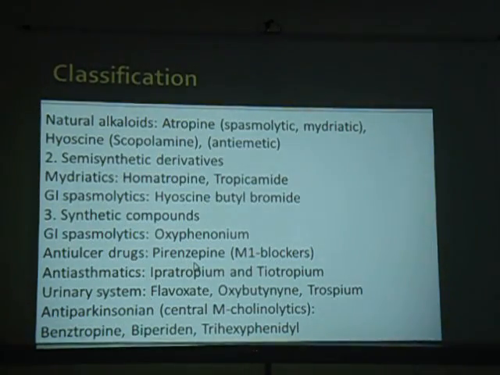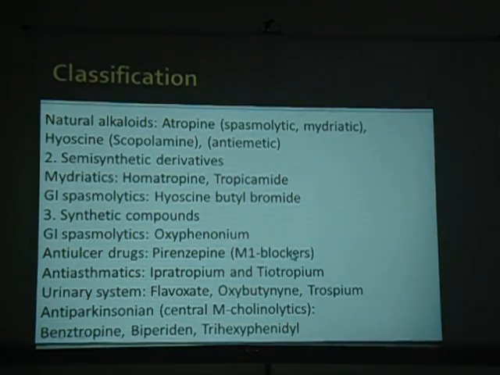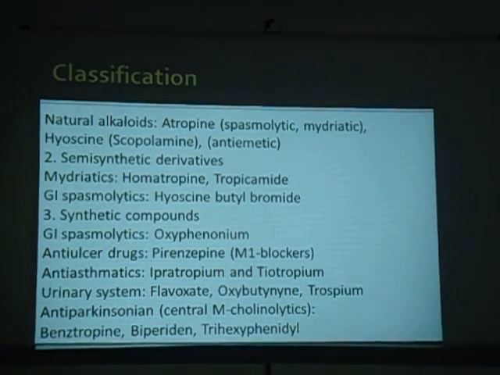Anti-ulcer drugs are pirenzepine and telenzepine. They act by blocking the M1 receptors present in the GI mucosa that help in gastric acid secretion. By preventing gastrin release and decreasing gastric acid secretion, these drugs can prevent gastric ulcers.